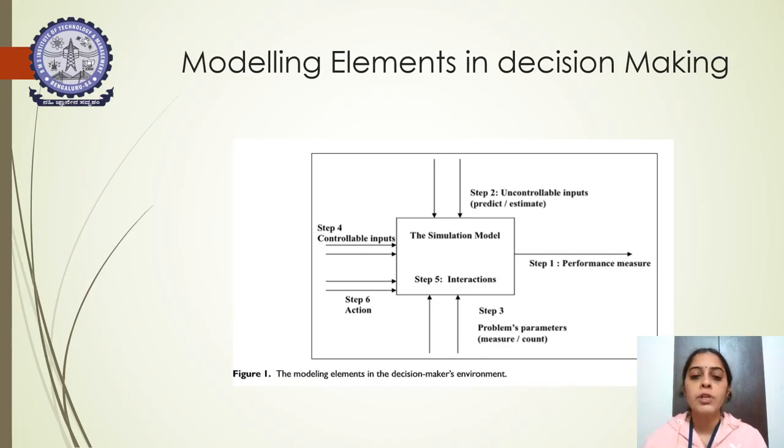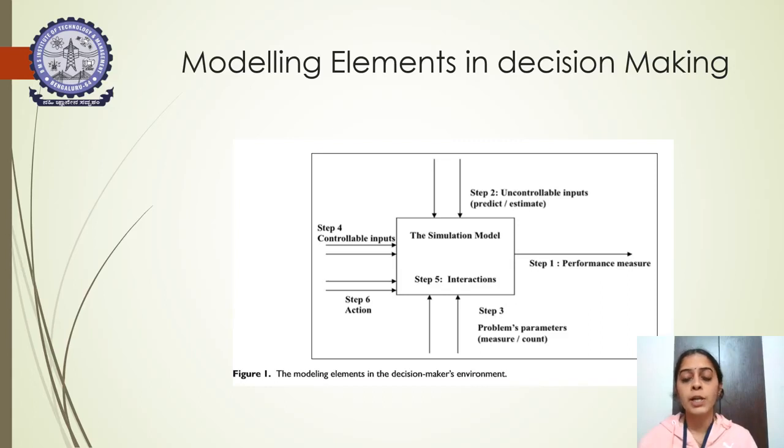Here we are not focusing on the controllable part. Only the uncontrollable inputs have to be predicted. Once predicted, they have to be estimated. Which are the uncontrollable input parameters you have in a particular part you are going to manufacture, right? And then you'll come to step 3, where you will identify the problem parameters.